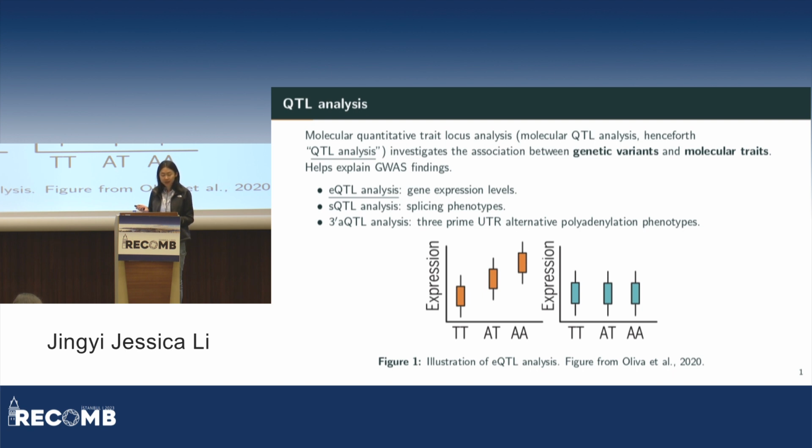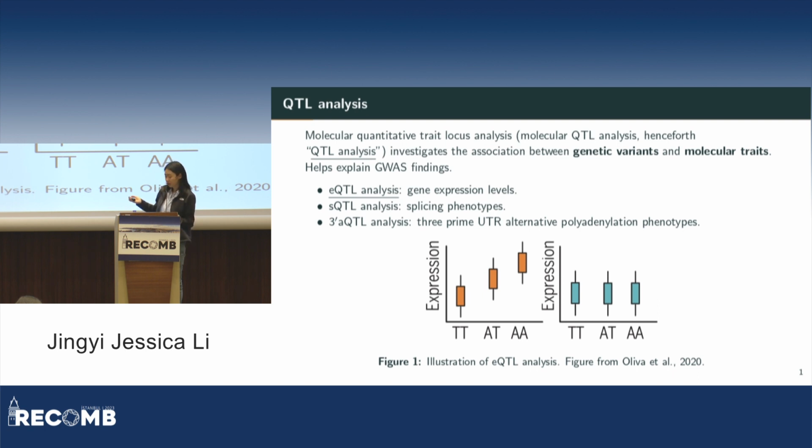And the purpose of doing this is to explain why many GWAS variants are in non-coding regions and try to infer what molecular biology roles those variants may play. So eQTL is the most widely studied analysis, thanks to the data generation by the GTEx consortium. Besides eQTL, we have sQTL, with S standing for gene alternative splicing, and 3' aQTL, with 3' standing for 3' alternative polyadenylation, so 3' APA.